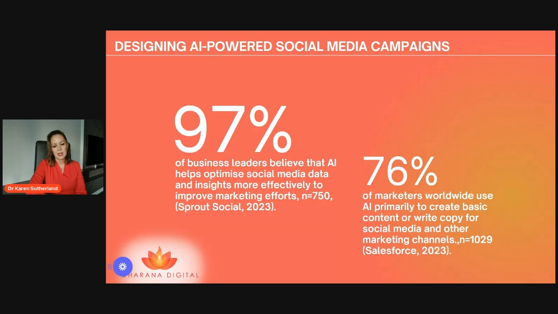So this particular study by Sprout Social surveyed 750 people working in marketing and who were leaders of businesses. And you can see an astronomical 97% of those 750 business leaders believe that AI actually helps them really optimize social media data, and these insights are helping them to perform much more effectively.